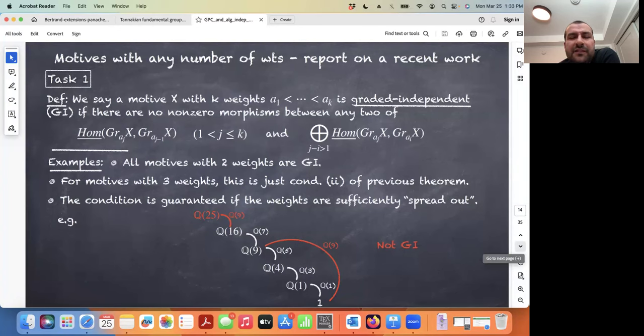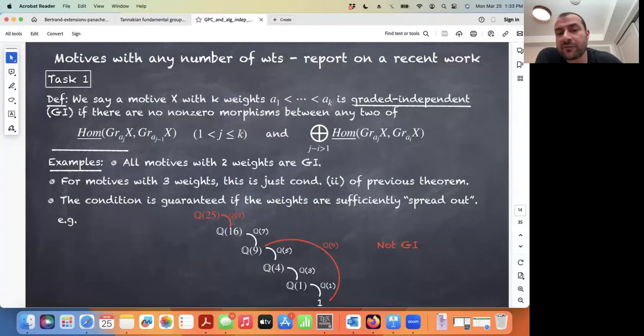Any question about the definition of graded independence? Yes, so I'm just looking. Perhaps you will come to it anyway. Like, is this a necessary condition for this maximal unipotent radical, or no? Absolutely not.